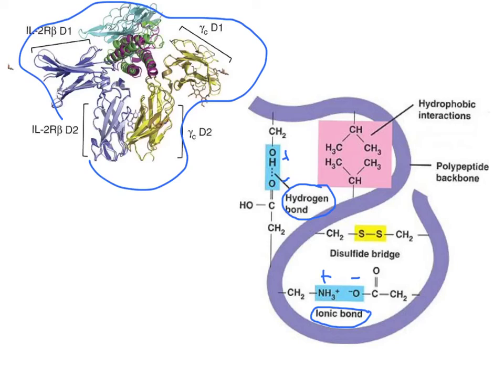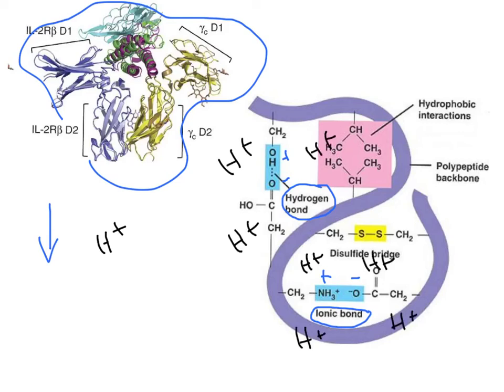Well, these ionic bonds and hydrogen bonds can hold the protein in this complex shape just fine until the pH gets out of whack. Let's say the pH gets really low. Let's say it becomes very acidic. That means that H plus becomes a lot more common. Now imagine if there was a whole bunch of H plus particles hanging out. That would spell bad news for this protein, because, say, this positively charged ion would be repelled away from that positively charged ion, this negative ion would be attracted to that positively charged ion, and the same thing over here.